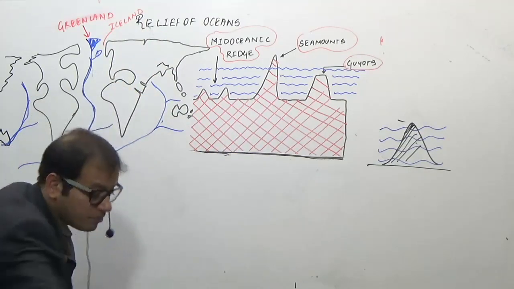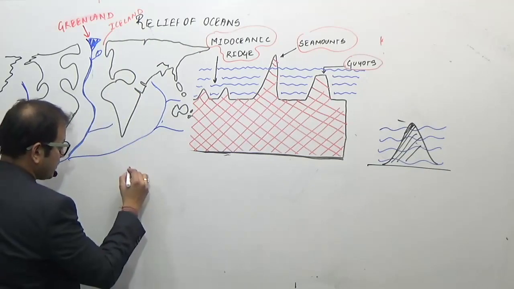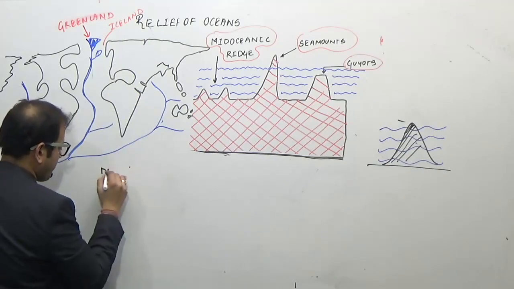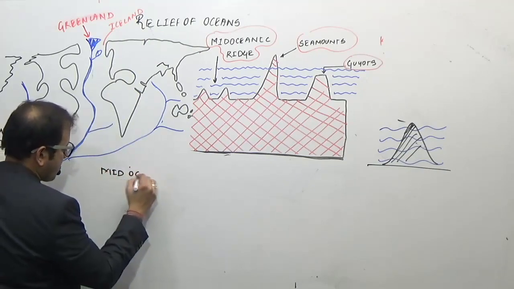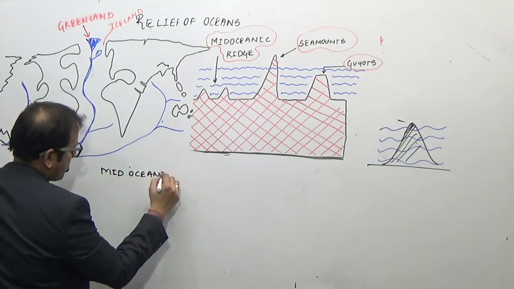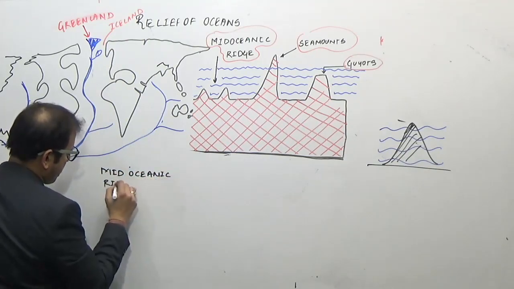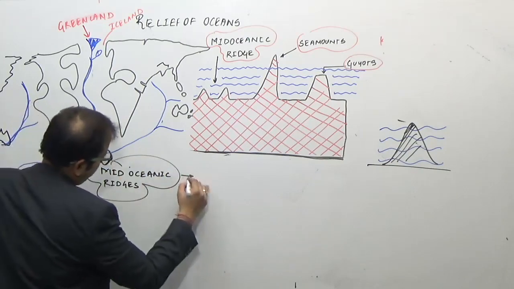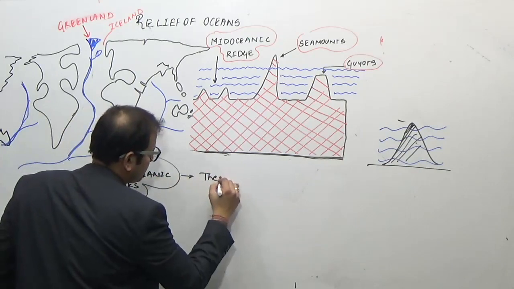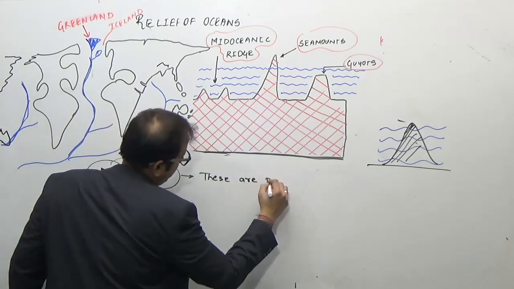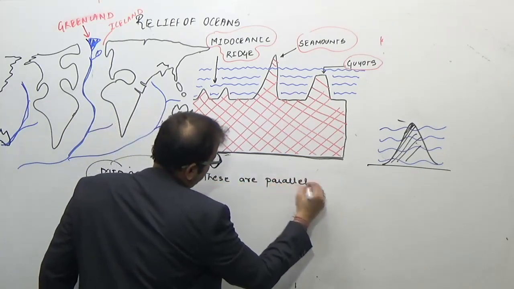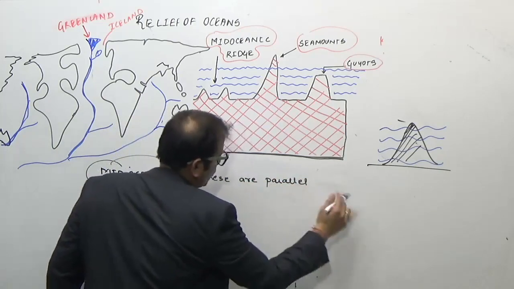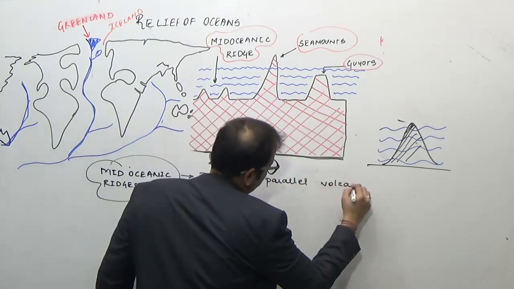So what are the mid-oceanic ridges? These are parallel volcanic mountains.